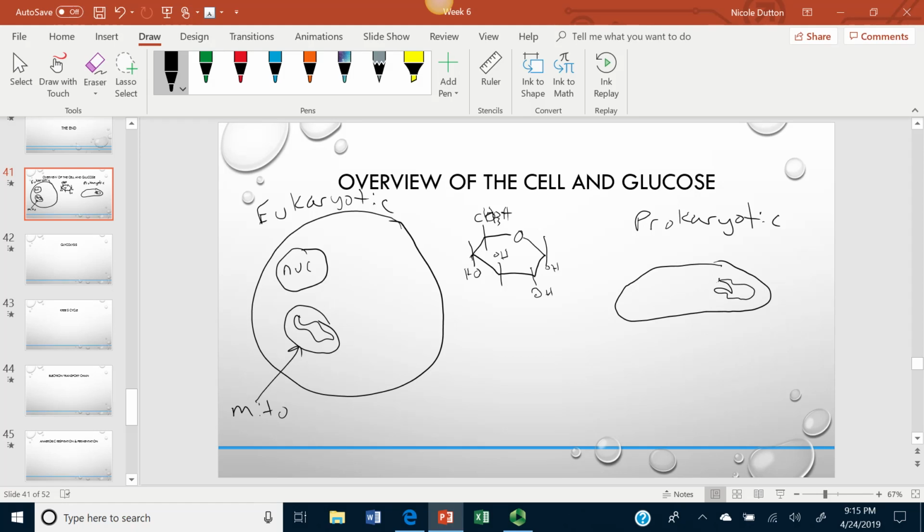And you get the picture of glucose. So when we look at glucose, glucose has to be able to get inside of the cell, whether it's a eukaryotic cell or a prokaryotic cell, in order to start the process of breaking it apart to make energy.